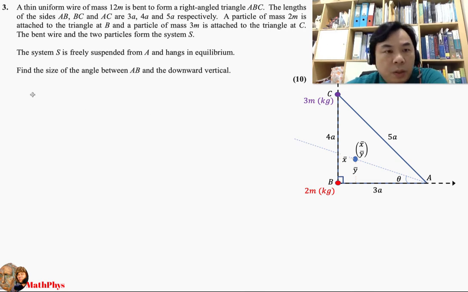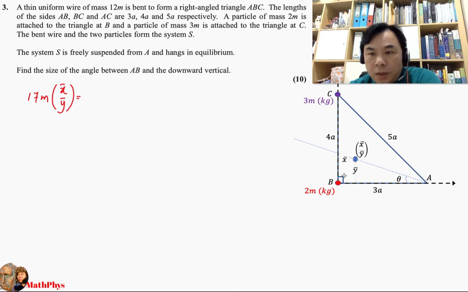Now, by using the same principle of moment, we are going to apply the same strategy here. We still have 17 overall, and then we have x bar, y bar as usual. That will be the same as the sum of all its individual components. I'm going to start off from AB again.